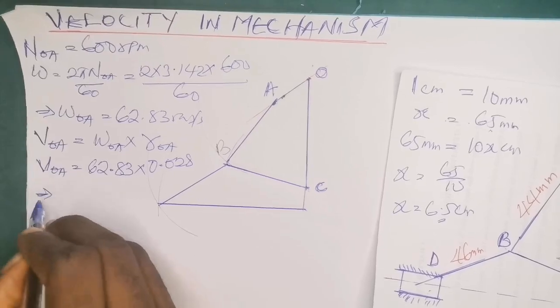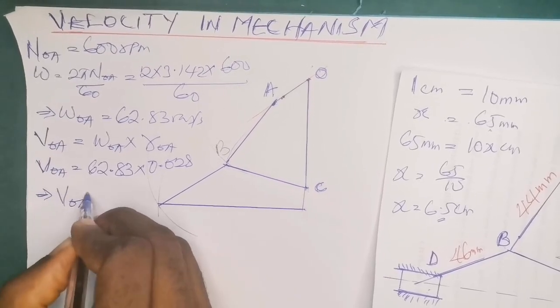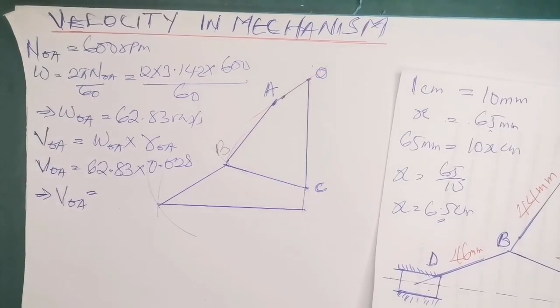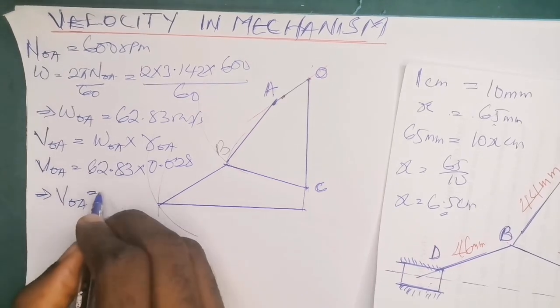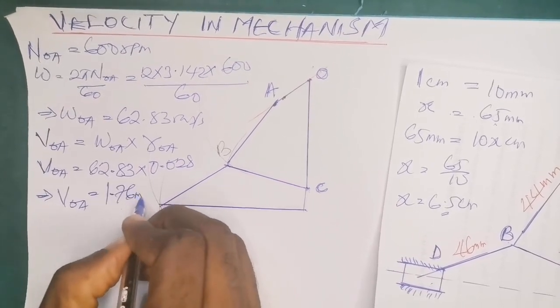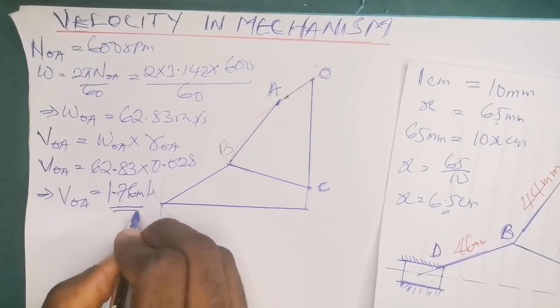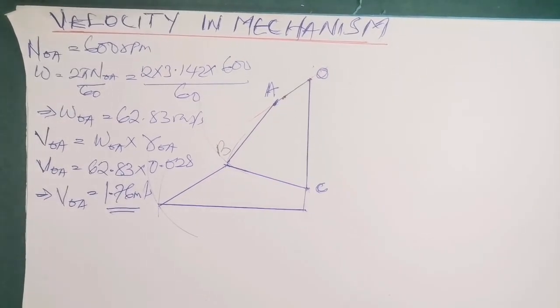So the velocity of arm OA is 62.83 multiplied by 0.028, which gives approximately 1.76 meters per second. So this is the known velocity of link OA.